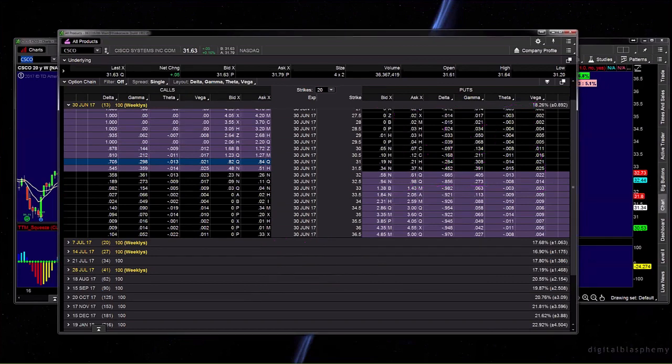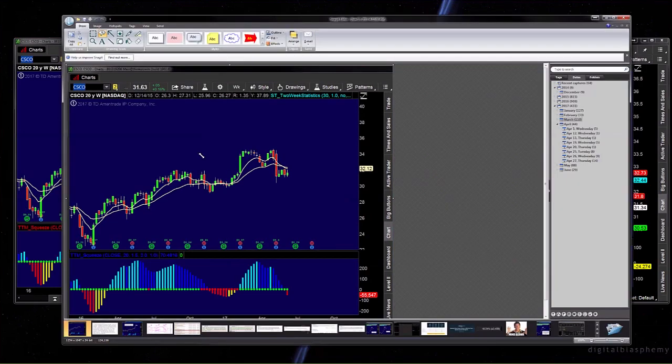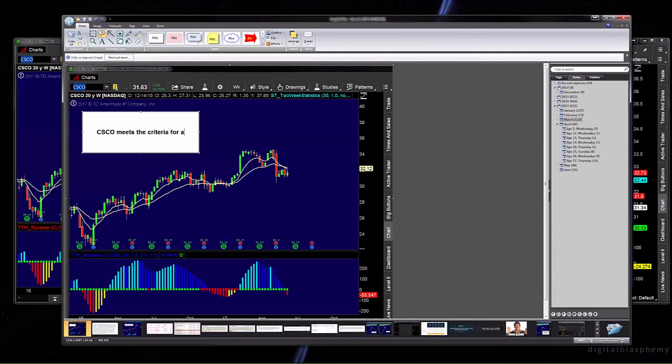this is like a $50 piece of software, but you can use OneNote, Web Clipper, things like that for free. And so you take a screenshot like this, and then I can just come over here and say, okay, Cisco meets the criteria for a downtrend on both the weekly and daily charts.